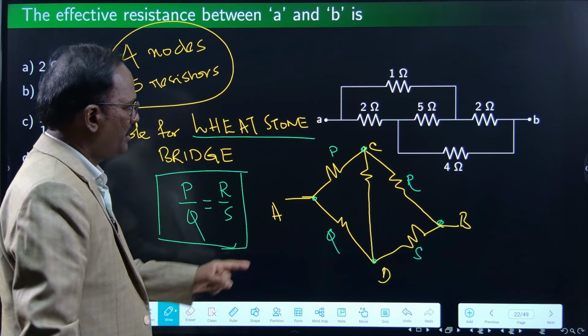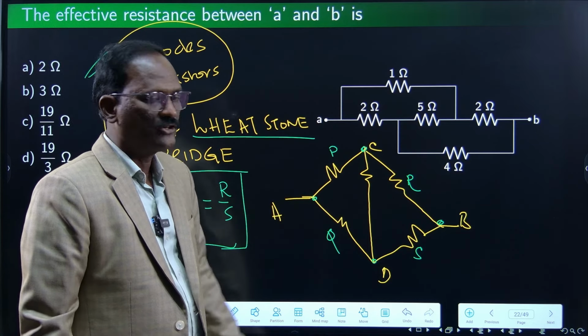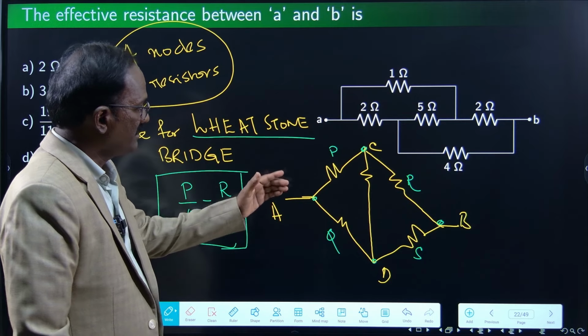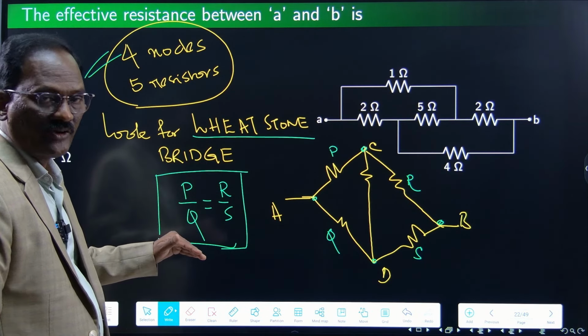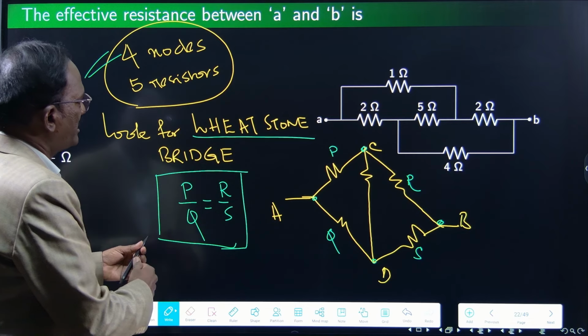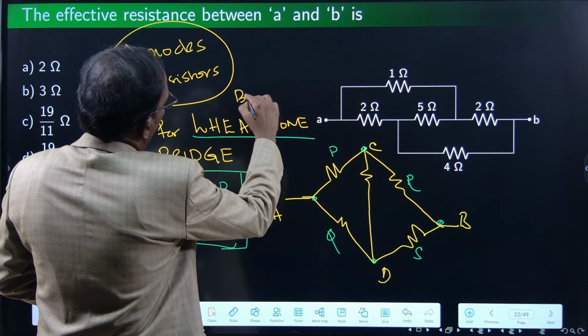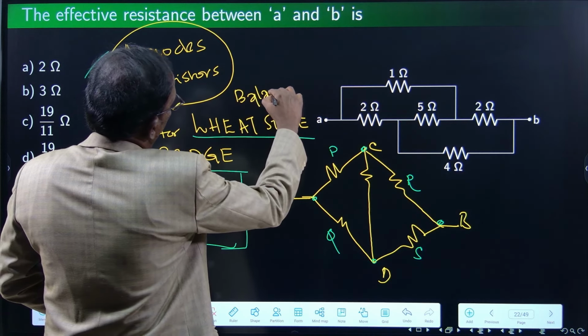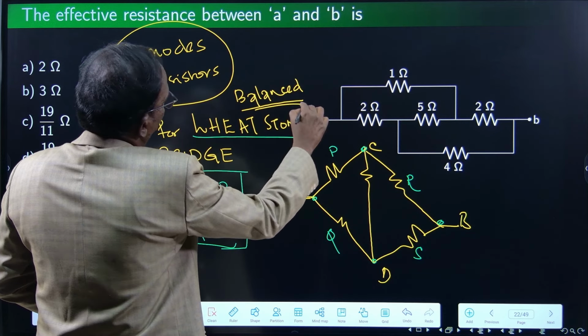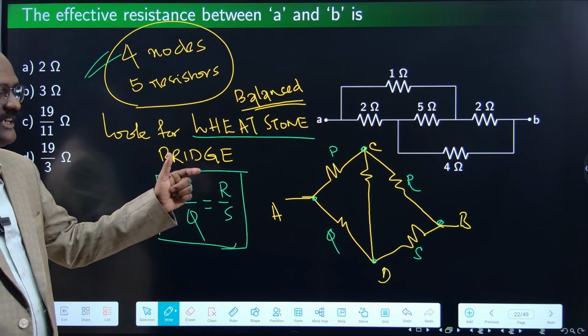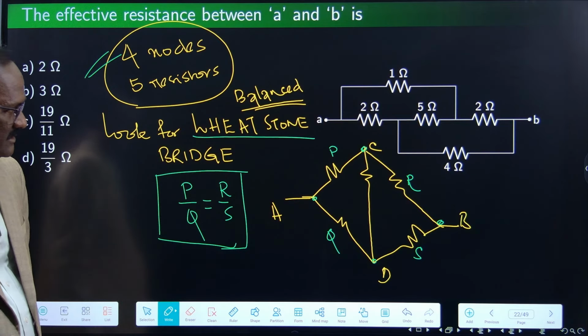If this ratio is satisfied, this bridge is known as a balanced Wheatstone bridge.